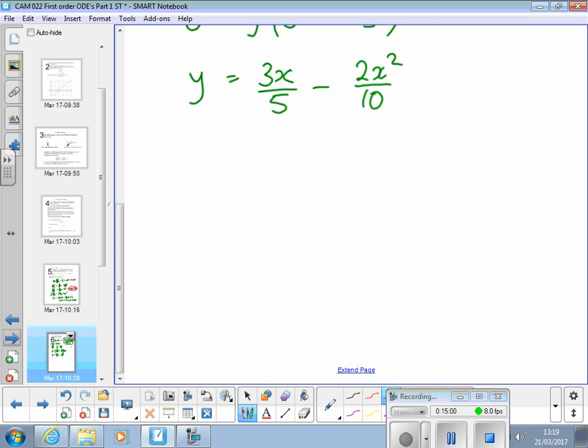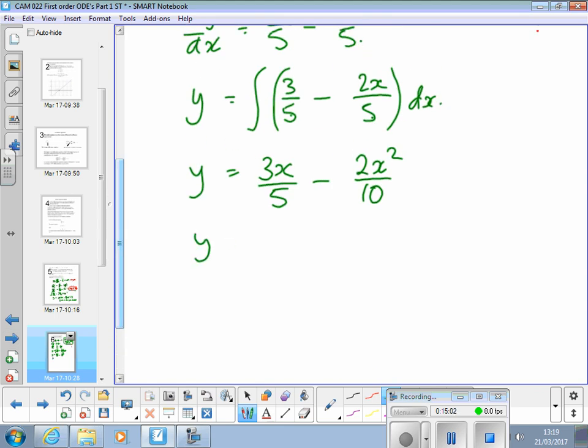And can we simplify that? x squared over 5 plus c.